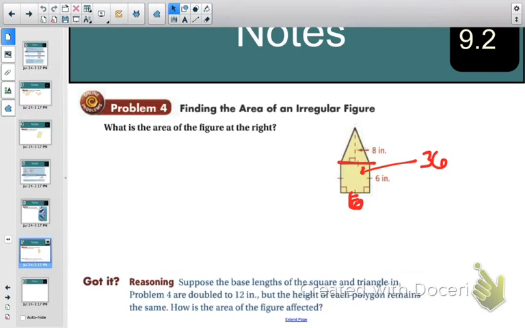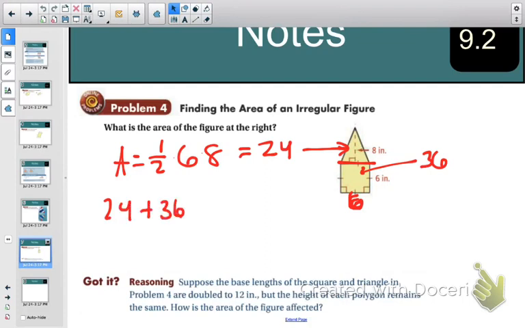Height is 8. So area 1/2 base times height. So we get 1/2 times 6 is 3. 3 times 8 is 24. So that's going to be the area of the triangle. And then to get the total, we just add them together. 24 plus 36 gives us 60 square inches.